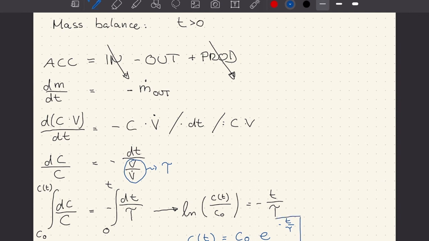And this very simple equation that we have derived analytically can describe the evolution of the concentration inside our CSTR, given the fact that we have done a pulse injection and that the reactor is perfectly mixed.